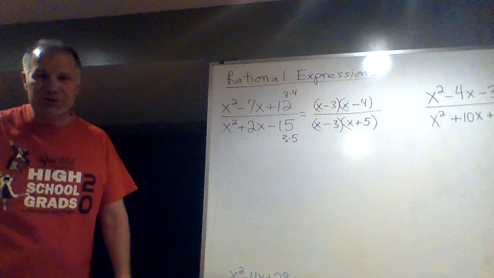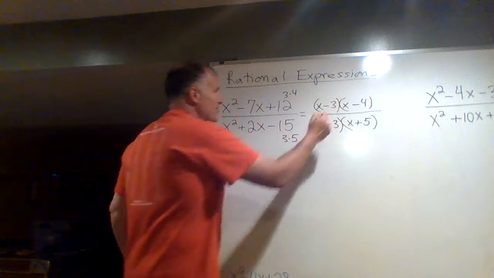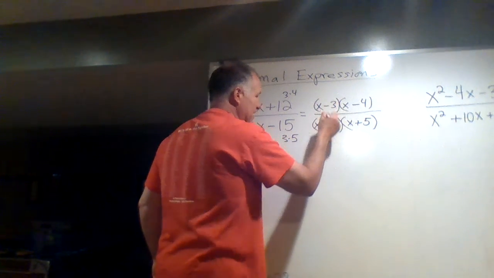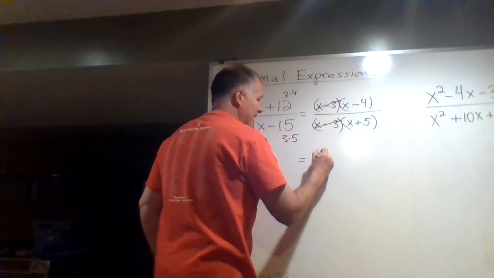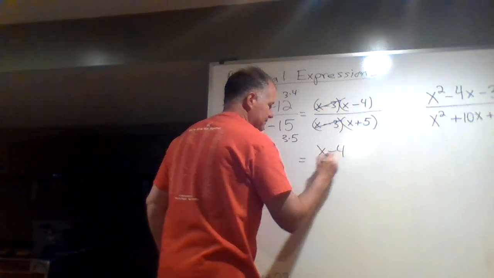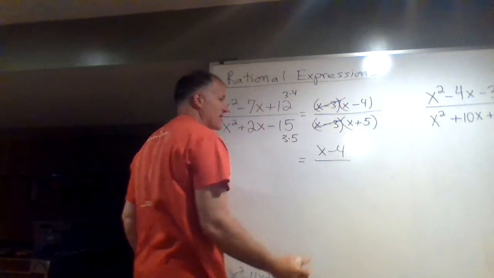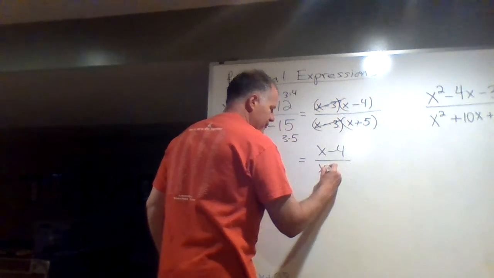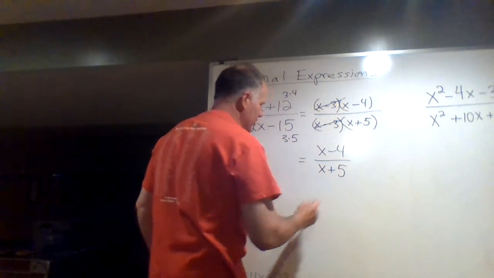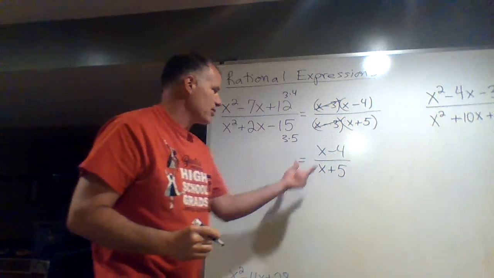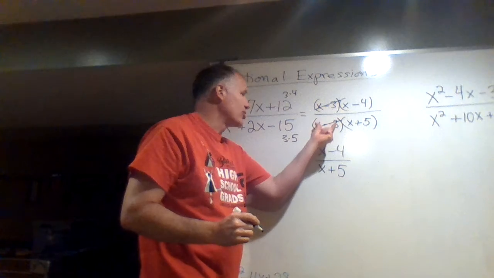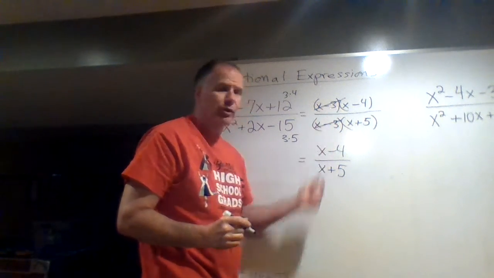And boom, there's our match. Now that the x minus 3's match, we can cross those out. And the binomial on top over the binomial on the bottom is your answer. Remember, you're not allowed to cross out these x's. The whole binomial has to match the whole binomial before you can cross off.